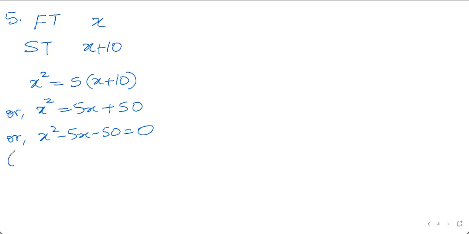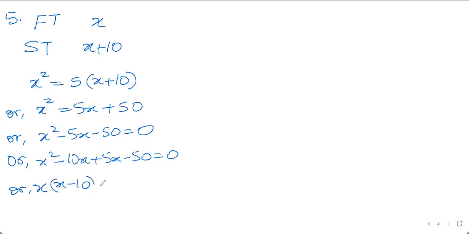So x square minus 10x plus 5x minus 50 equals 0. Or if I take x common, x into x minus 10 plus 5 into x minus 10 equals 0.